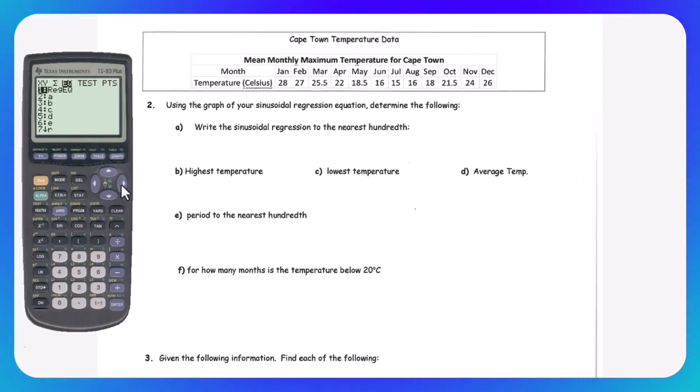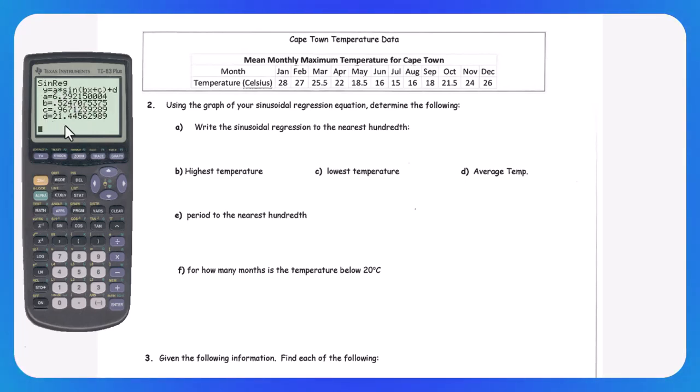Then I'm going over to equation and picking 1 for there, and now that's put it in there for us. So which way you want to do it, that's up to you. So quitting out of this, here we go.